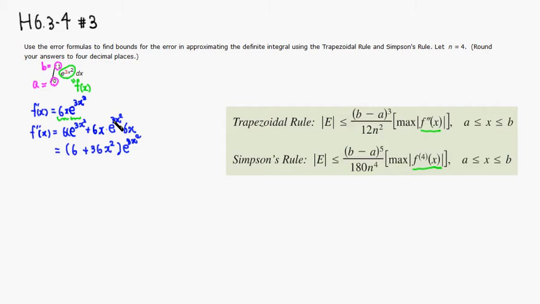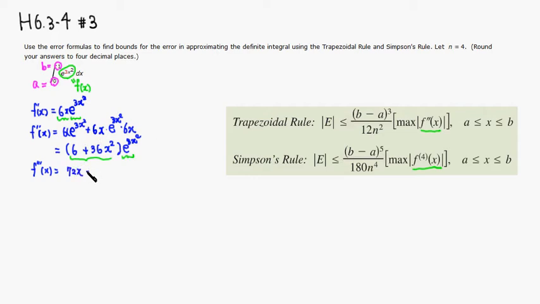Then we're going to have to take two more derivatives. So f triple prime of x is equal to, another product rule. This is our first guy, this is our second guy. Derivative of the first: derivative of 6 is 0, derivative of 36x squared is 72x.